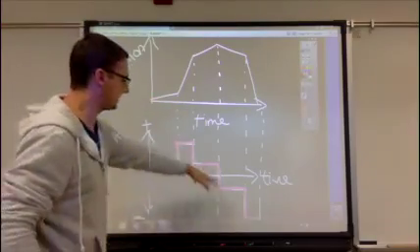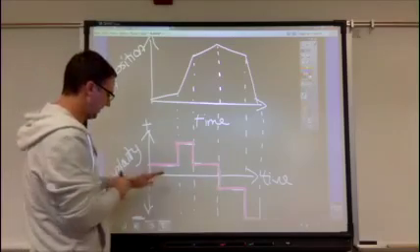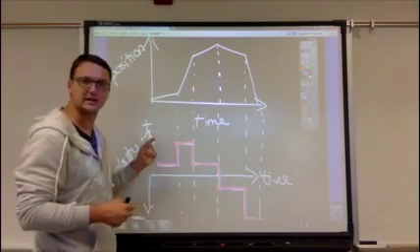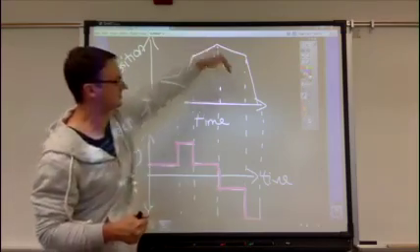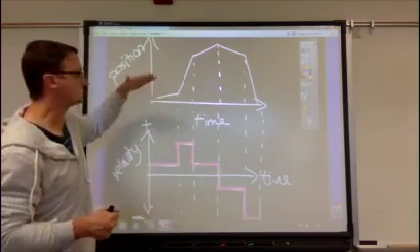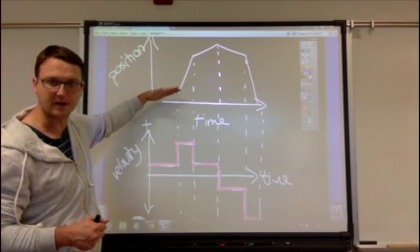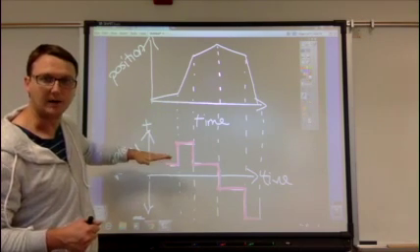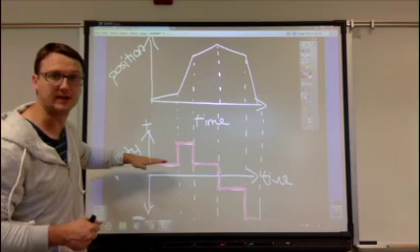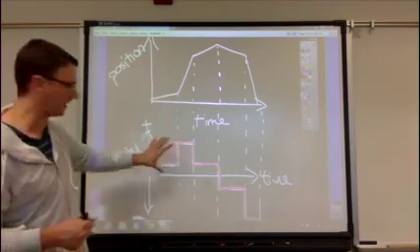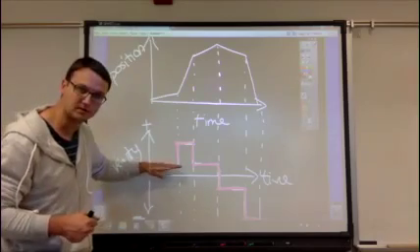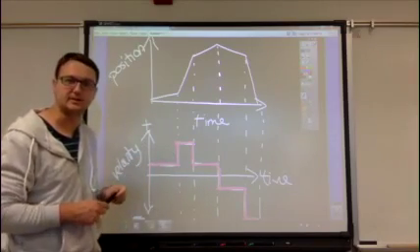Now, in this situation, you do not see any acceleration unless you call this acceleration, which is instantaneous. So the slope of a position time graph gives you the value of your velocity. And then on a velocity time graph, the slope gives you the value of your acceleration.